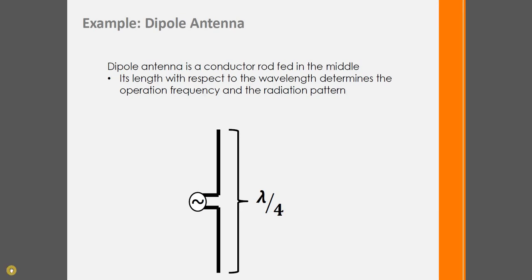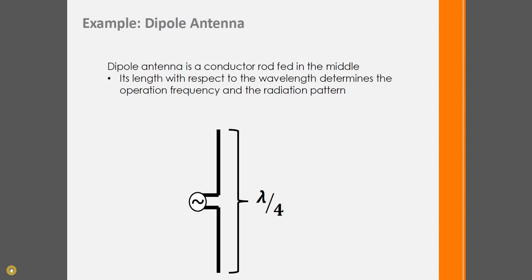Now let's move on to designing a dipole antenna in HFSS. As you know, a dipole antenna consists of two conductors and a feed in the middle of this antenna. The dipole antenna's length with respect to the wavelength determines the operation frequency and the radiation pattern.